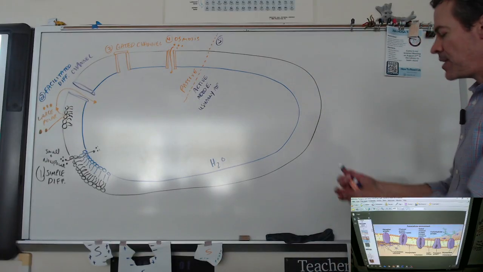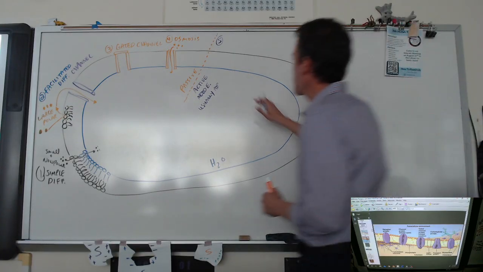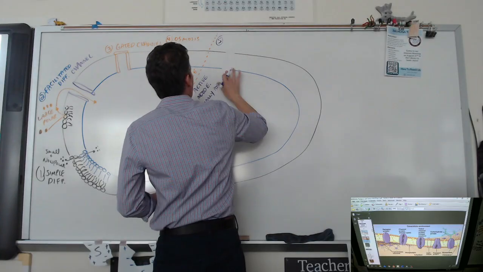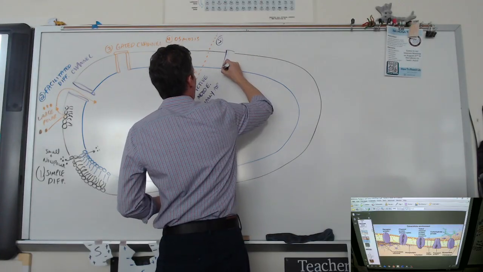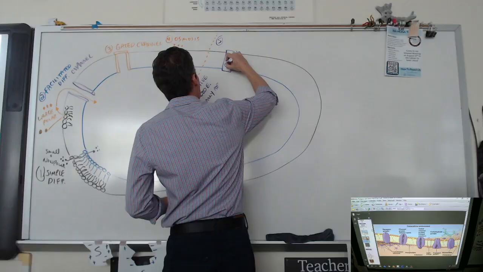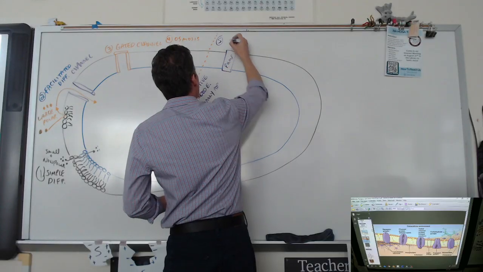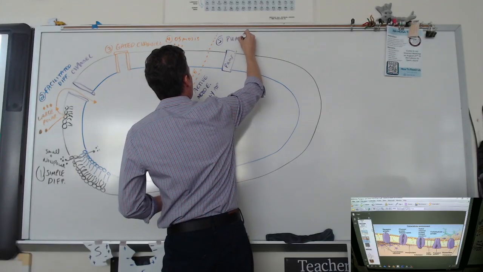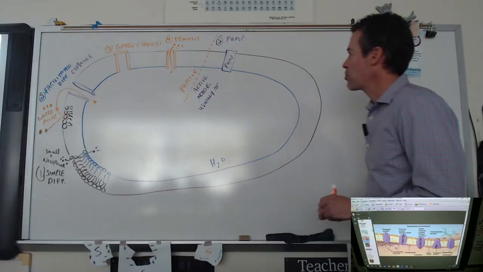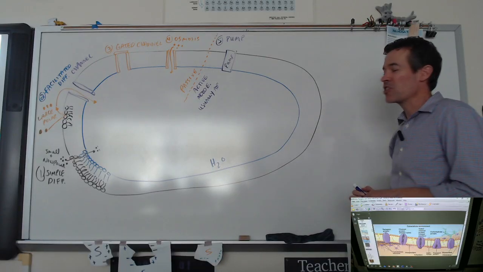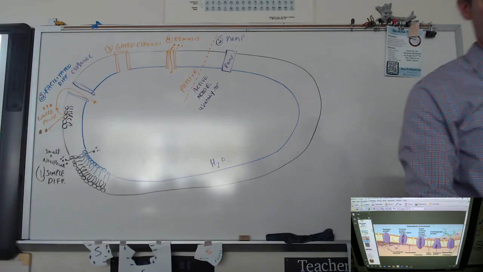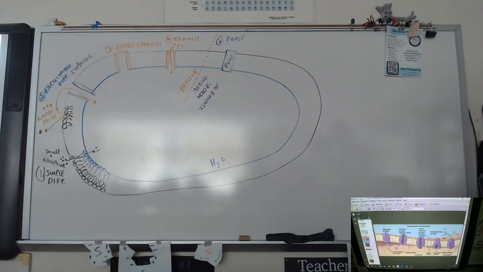But usually ATP. So the most common active transport, which I draw as a rectangle, is called a pump. So it's a protein pump. All of these channels and stuff are all made of proteins. It's a protein pump.